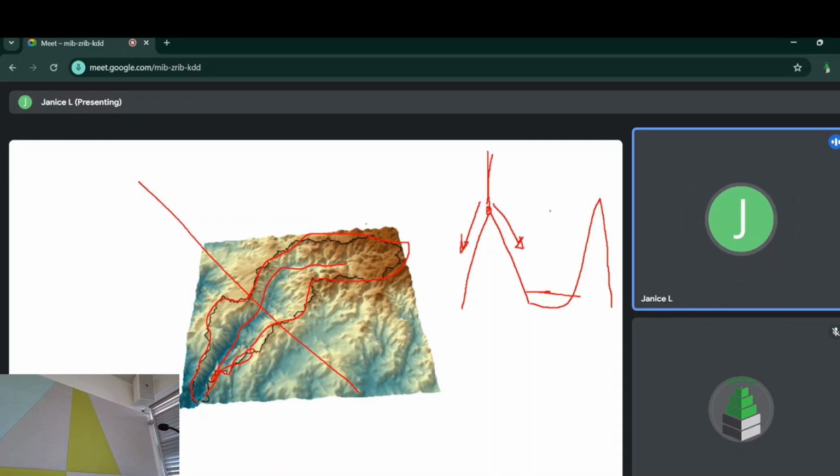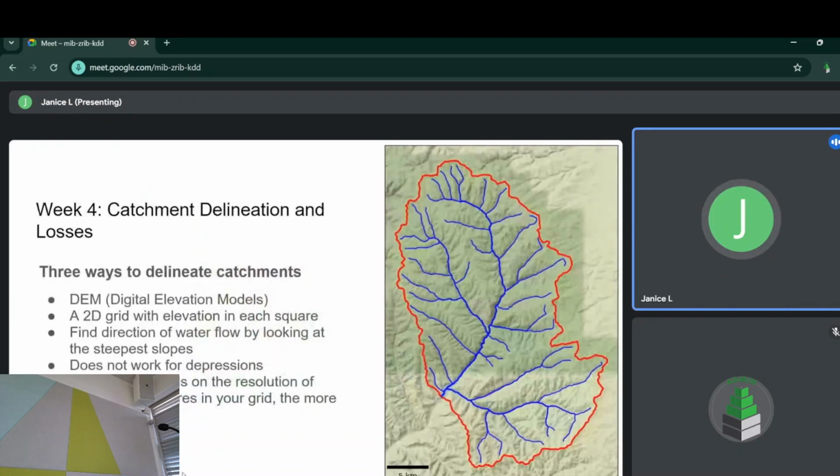Water will not cross back up over these lines. You either go left or right. That's how it divides, and that's how you collect water at the bottom in rivers and valleys.